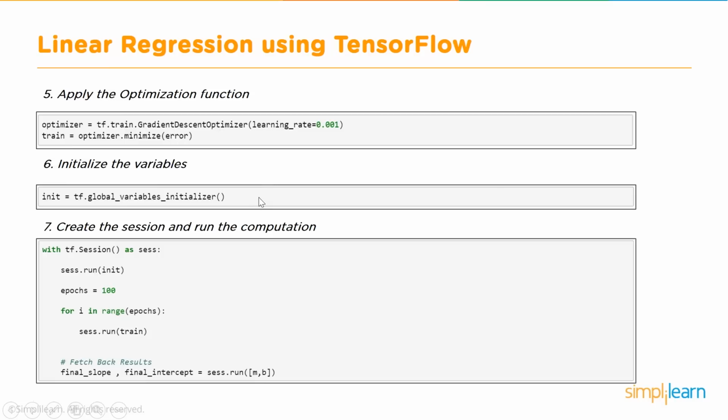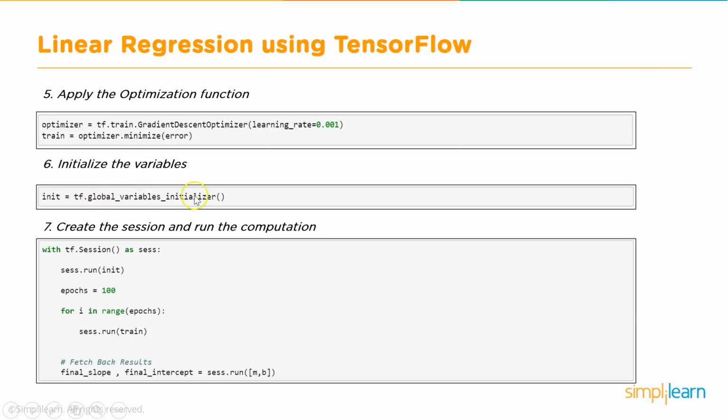So all the variables that you would have created anywhere, they get initialized, and it is very important, and it is only for variables. Let's say in your code you only have constants and placeholders, then this line of code is not required. But the moment you have variables, you have to include this line. Basically, what are you doing here? You're creating a node or an operation. You're not executing anything. You need to create an operation and then execute the operation within your session here. Okay, so this is something you need to remember.